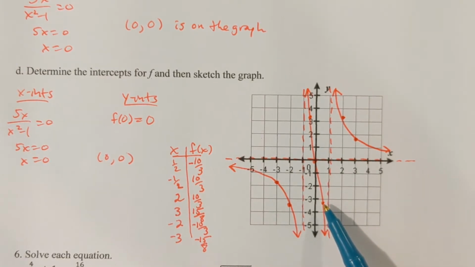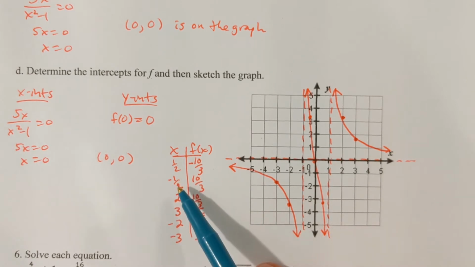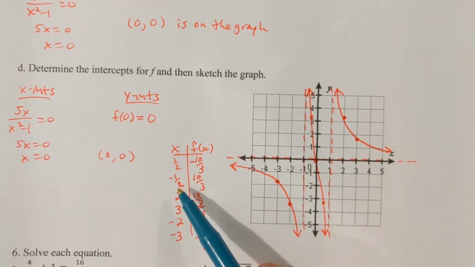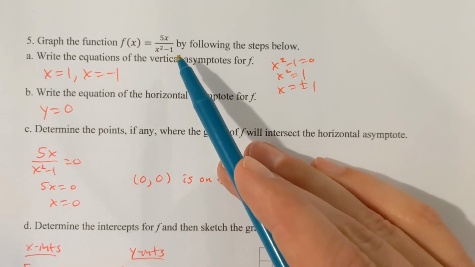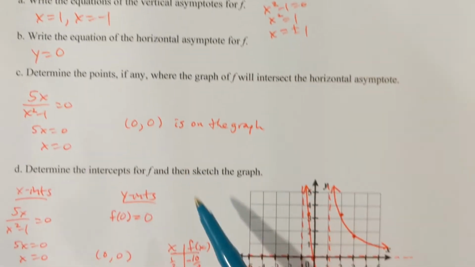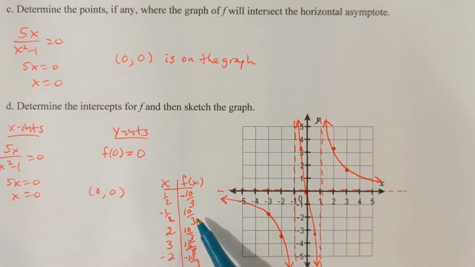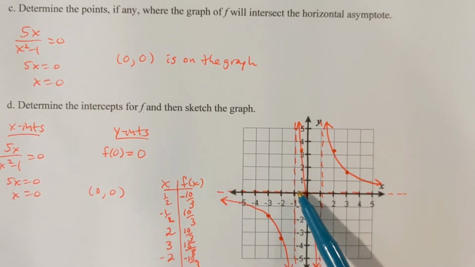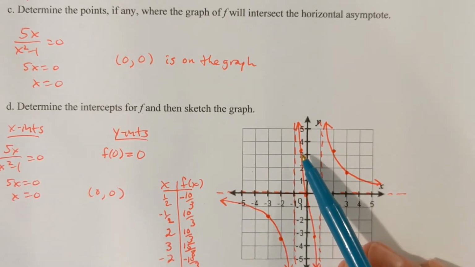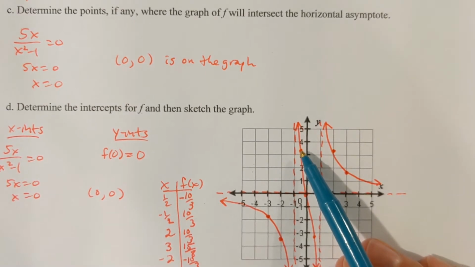There's that point that I plotted. And then if I let x be negative 1/2 and plug that into the function, I'm getting 10/3. So here's negative 1/2, 10/3. I've got that point.